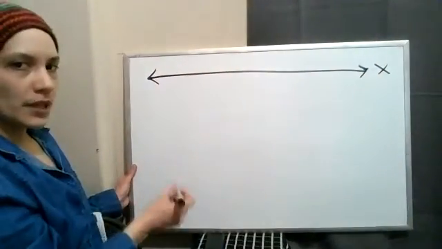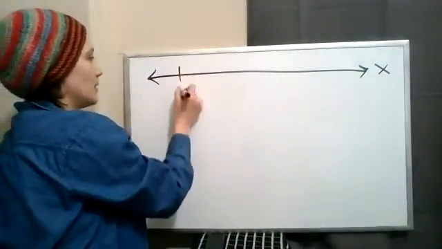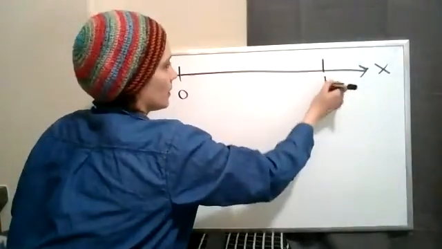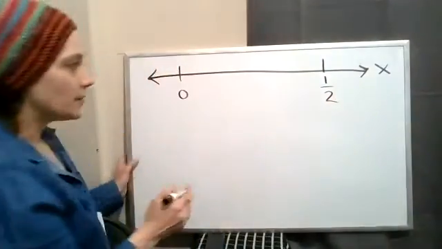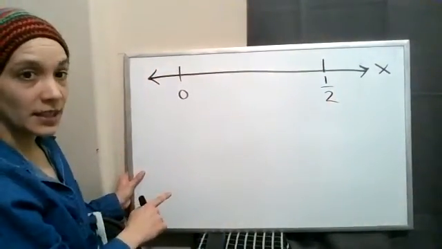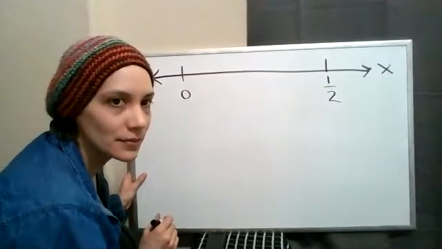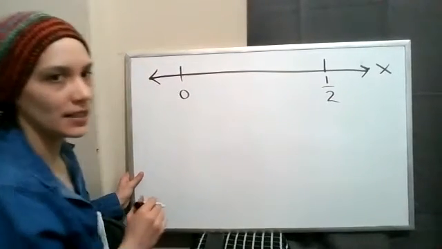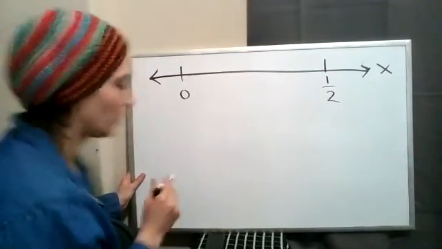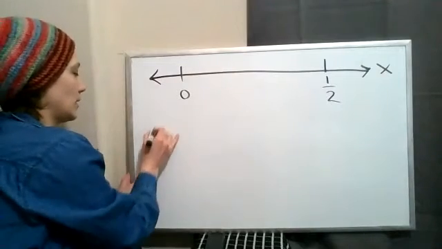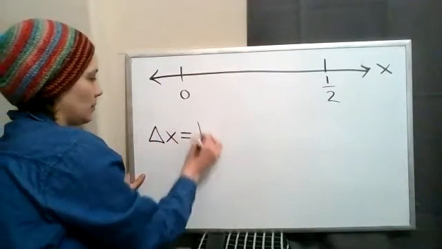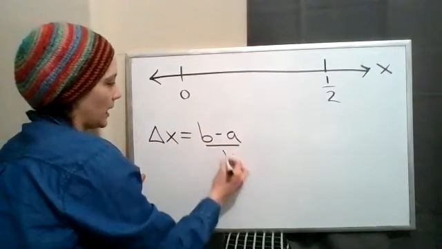We were going from 0 to 1/2. And for the first part of scratch work, find delta x. Oh, I see, and there's another question. Okay, put delta x down, come back. b subtract a divided by n.